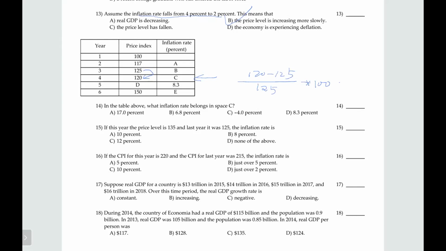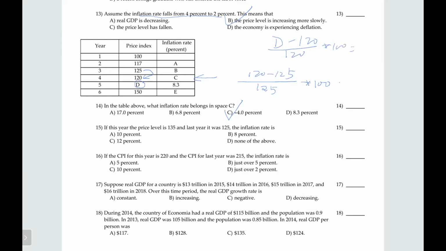Okay. And then the answer is C. So you may want to ask yourself, what is D, what is B and A? Let's just, for example, look at D. If the question asks you what the number in D is, what that means is going to D minus 120 divided by 120 times 100.